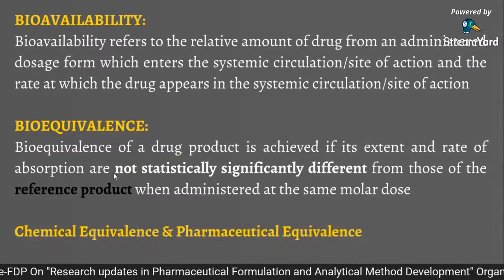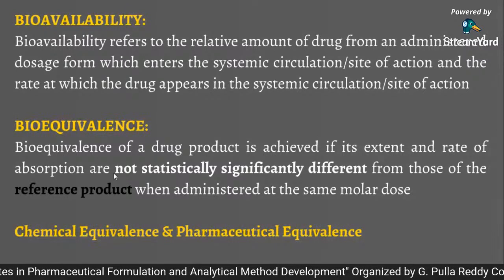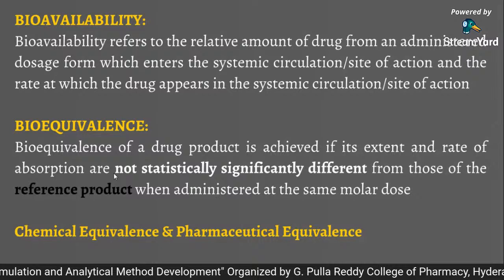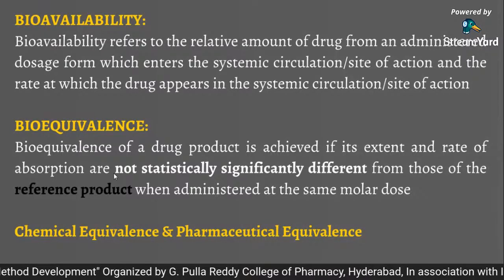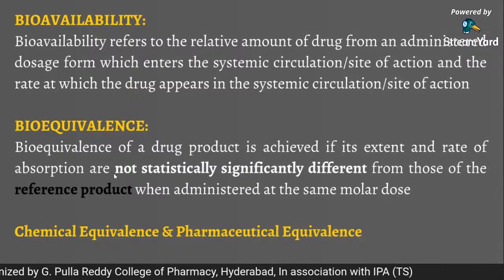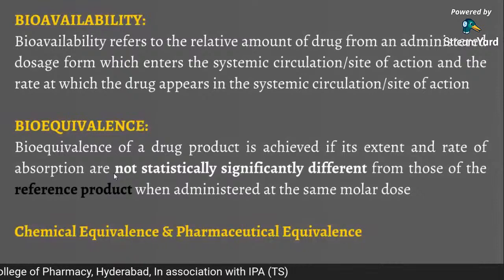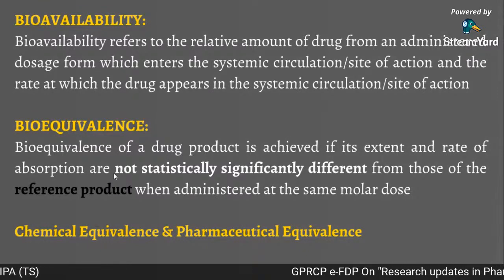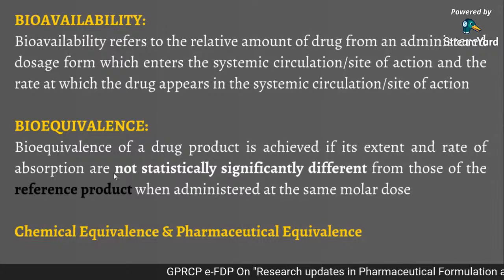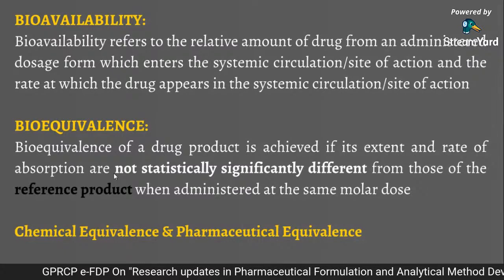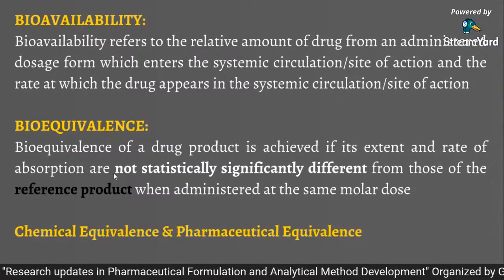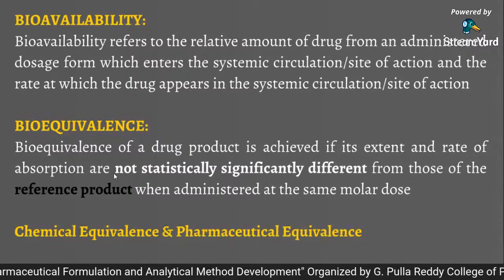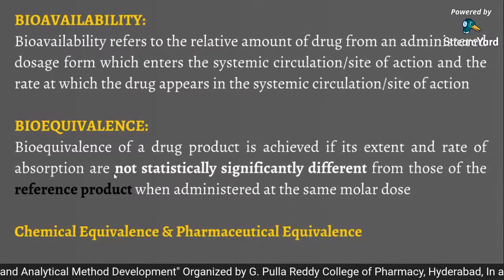That means the same dosage form, administered through the same route, but we have the liberty to use different excipients and different packing configuration, while it should mimic the behavior of the innovator formulation in vitro.